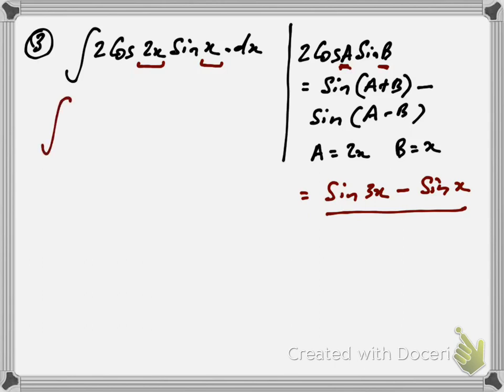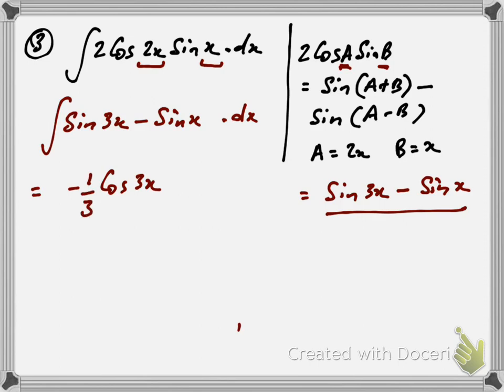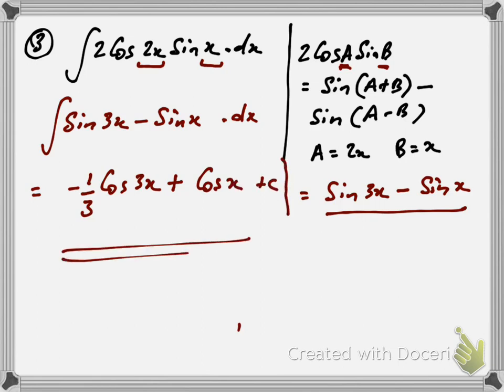So we get sine 3x minus sine x dx. So sine becomes negative cos. So negative cos 3x, and then differentiate, you get 3, and then you adjust, you get 1/3, and then minus, and then another minus, sine becomes cos, so this becomes plus, and you get cos of x plus c, and that's your answer.